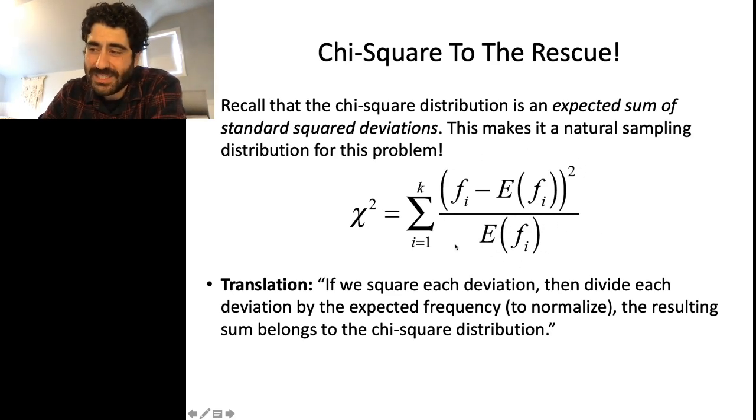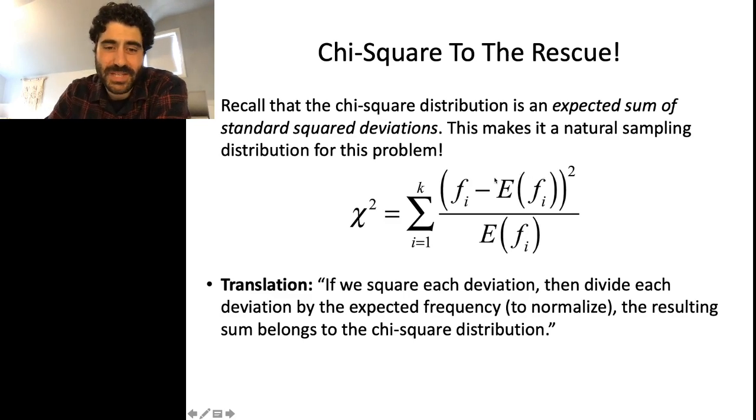This is kind of normalizing things. It's telling us what percent off from the expected value we are. And then the sum is over all the possible outcomes. If we have k possible outcomes, we compute these squared and normalized deviations for each outcome and then sum them up.